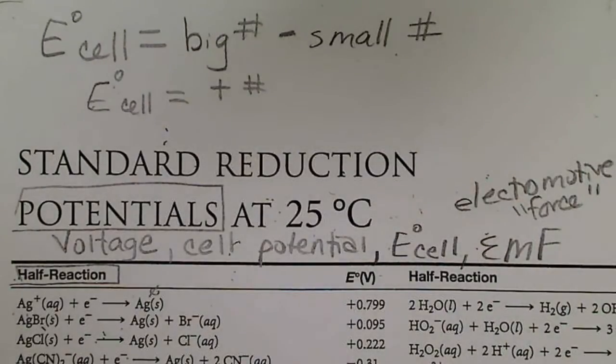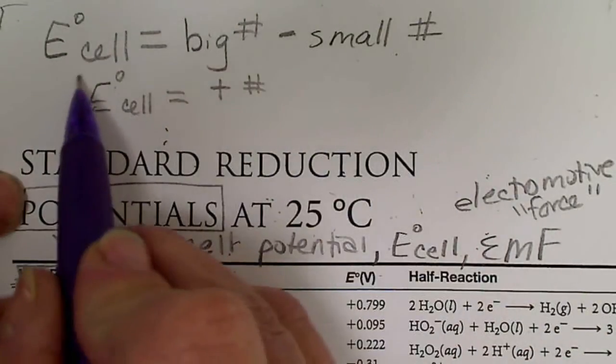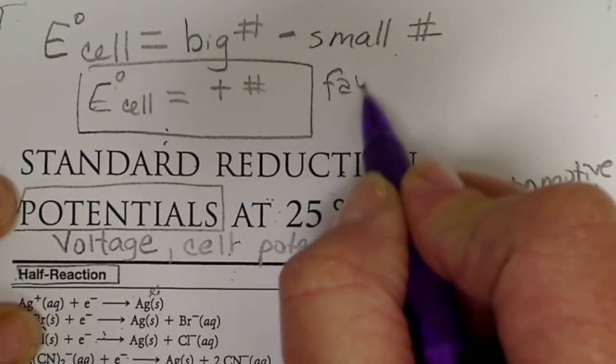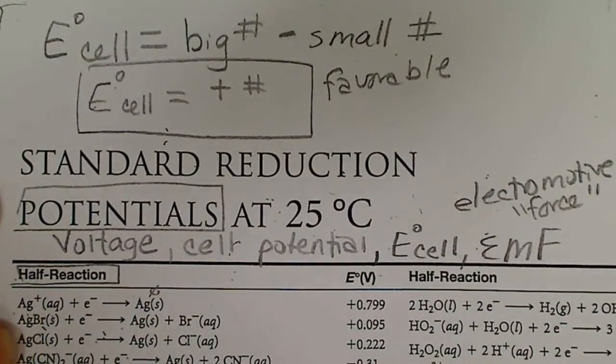So if we have two metals that are connected by a wire, or two metals at two different concentrations where we have those half cells connected by a wire, then there is going to be electron transfer. And so the sign of E cell, when we calculate this, will always be favorable. And we're going to end up talking about spontaneous and how this relates to Gibbs free energy.